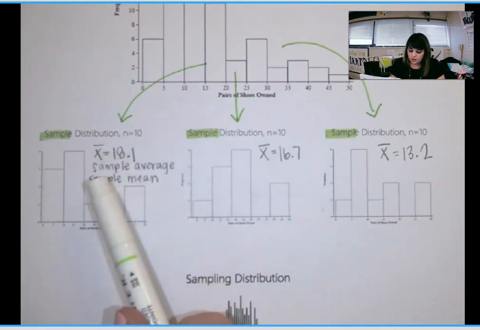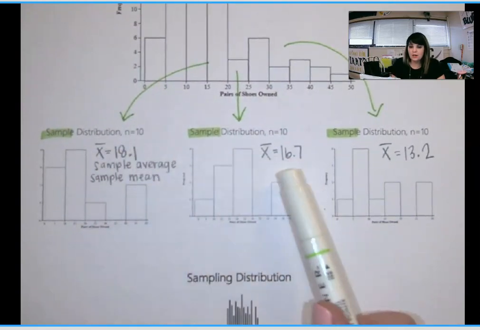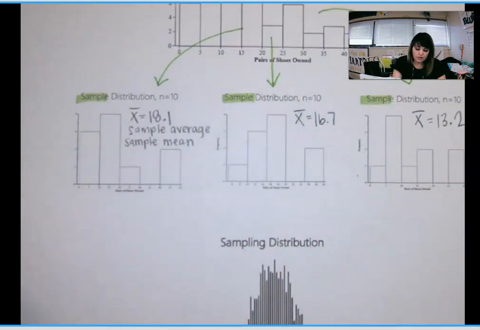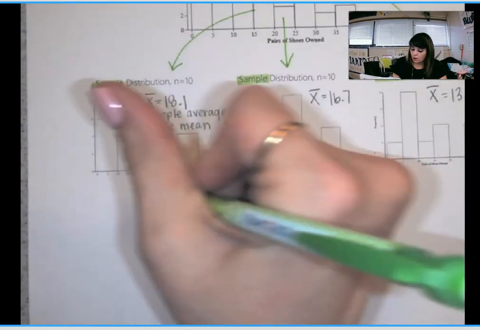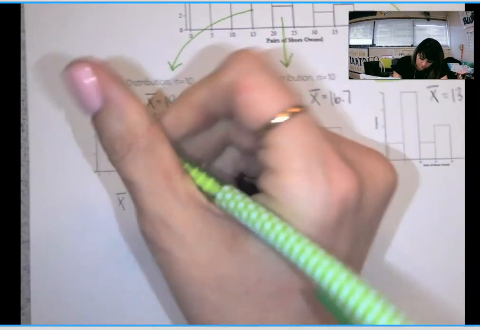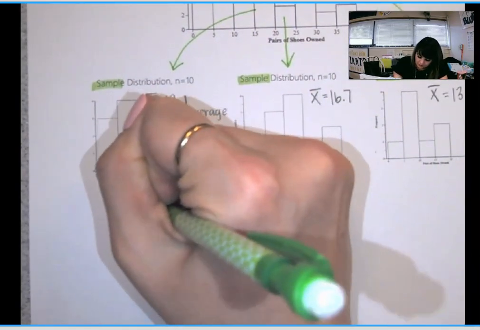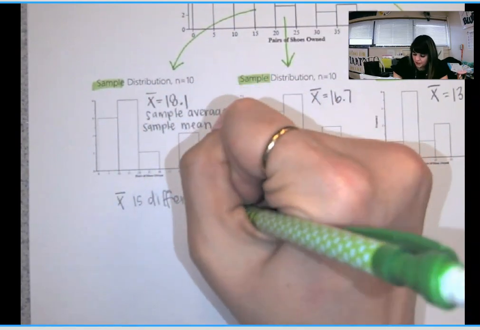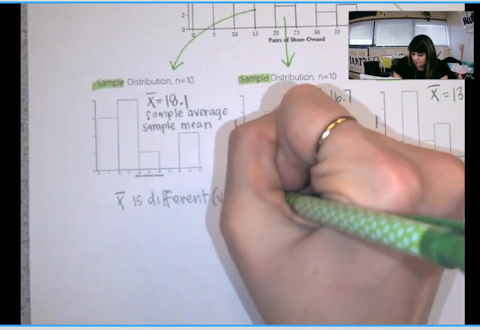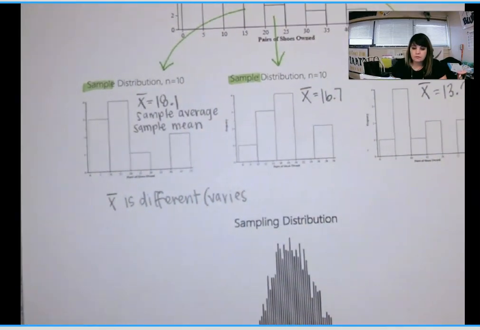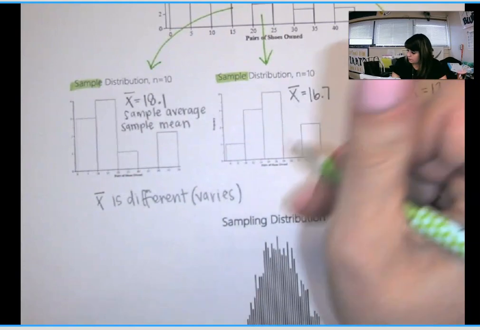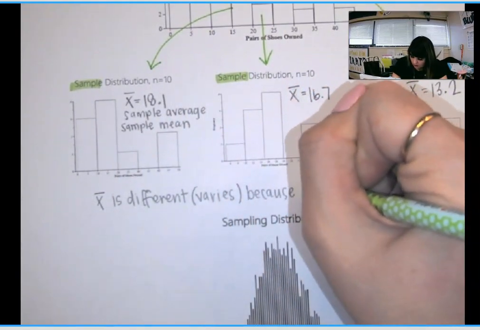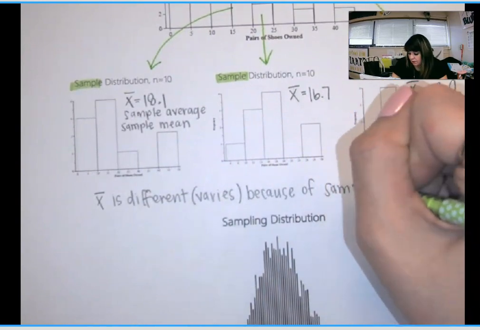I'm sure you are noticing that each sample has a different value. It's important to note here that x-bar is different, which is the same thing as varies, because of sampling variability.